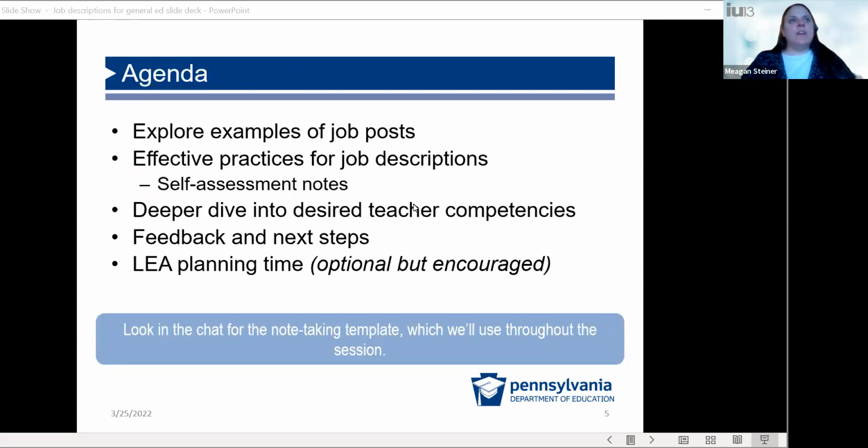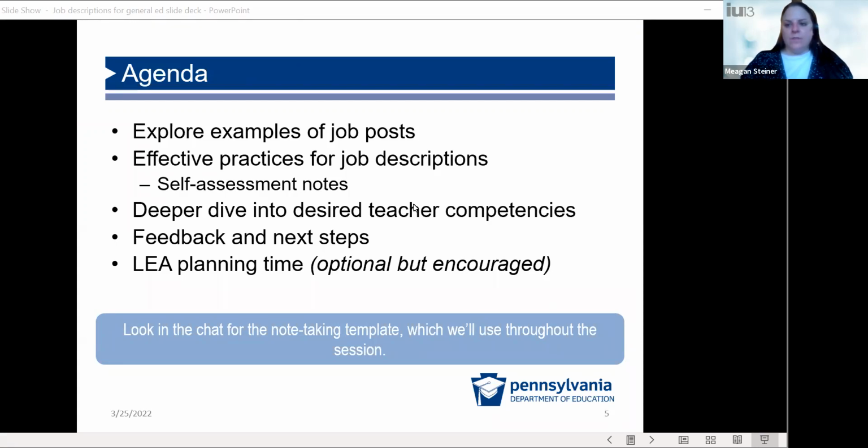So, especially if you participated in the first session on employment websites, this will take a similar structure to that session in the sense that we'll first explore some links to examples of job posts and discuss some effective practices for job descriptions.